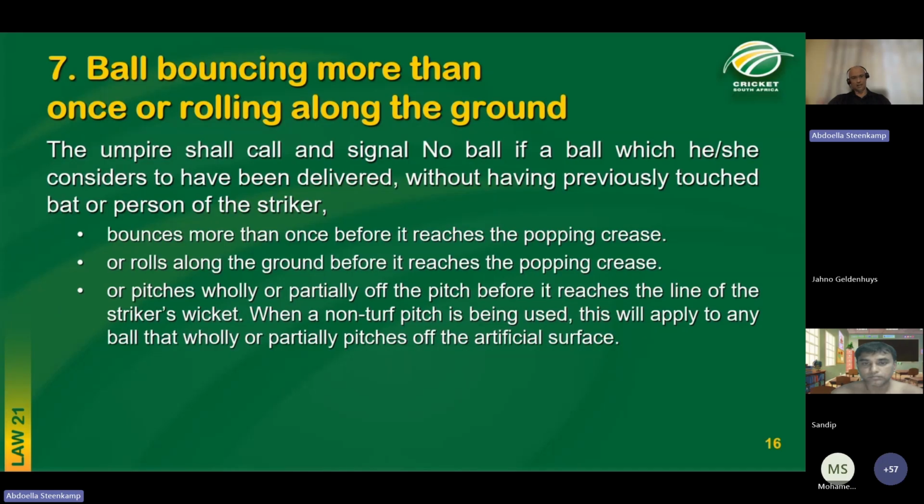It's a side-on view, and it's so much easier for him or her to make the call in the first two bullet points. For the third bullet point, the bowler's end umpire has a much better view. It's a front-on view to check whether the ball pitched wholly or partially off the pitch.